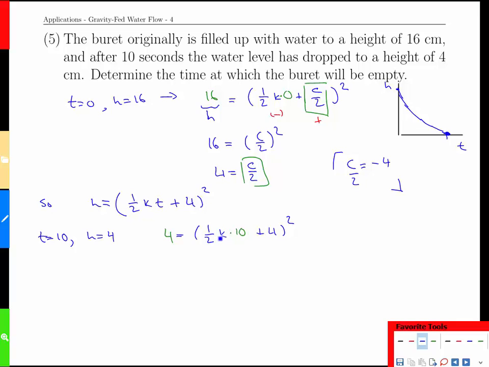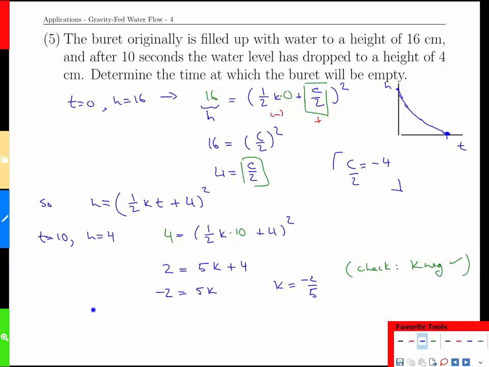Now the only value left undetermined is k, so we can use this information to solve for k. We'll take the root of both sides and get, when we're done here, 5k plus 4. We bring the 4 over, we get -2 equals 5k, k equals -2/5, and it's a confirmation of our earlier analysis that said k had to be negative. K is negative, check.